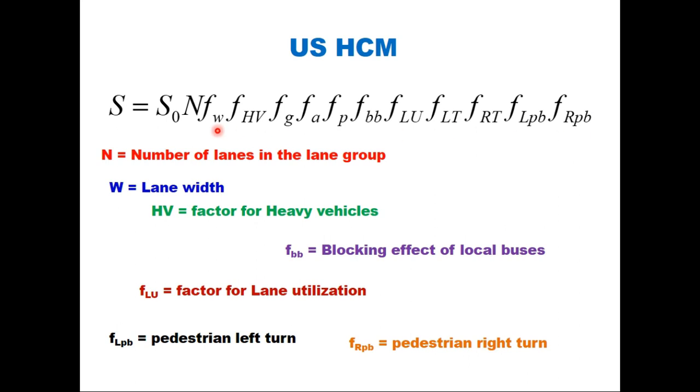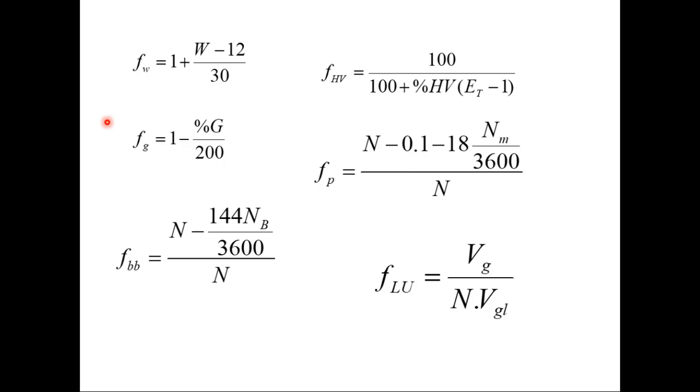FW for lane width, FHV for heavy vehicle, Fg for gradient, Fa for type of area, Fp for parking, Fbb for blocking effect of local buses, FLU for lane utilization, FLT for left turn, FRT for right turn, and FLpb for pedestrian left turn and FRpb for pedestrian right turn. All these factors are to be estimated to get the actual value of S under prevailing roadway, traffic and signal conditions. Now majority of these factors are given in simple equation form.